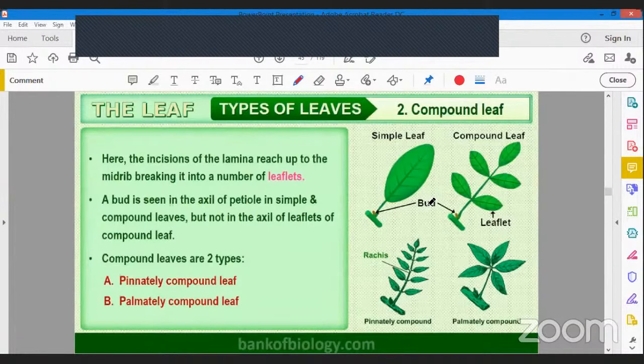So you should understand that the leaf base will actually bring about this difference. Are you understanding? Take down.